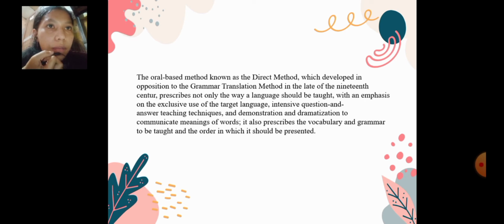The oral-based method, known as the direct method, which developed in opposition to the grammar translation method in the late 19th century, prescribes not only the way a language should be taught, with an emphasis on the exclusive use of the target language, intensive question and answer teaching techniques, and demonstration to communicate meanings of words.